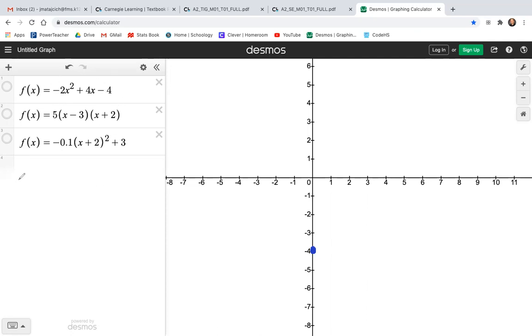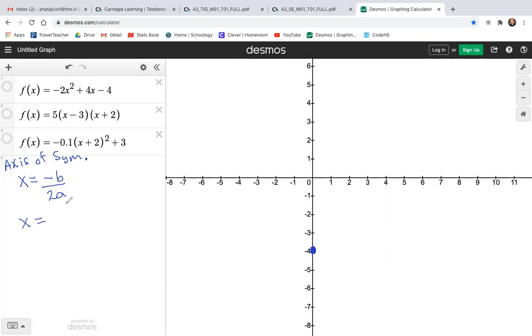So again, I'm finding the axis of symmetry. When you're in standard form, that's going to be x equals -b over 2a. Plug these things in.